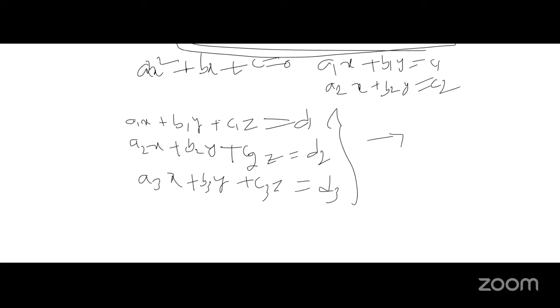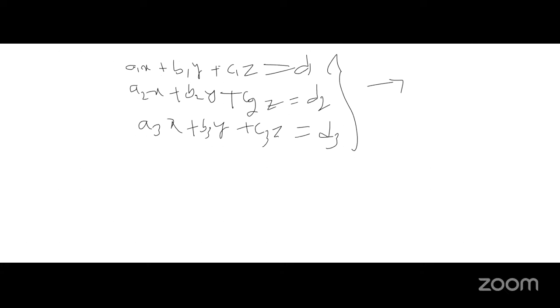So how can we convert this system of equations into matrix form? Here the coefficients will be there. The coefficients of x in the three equations are a1, a2, and a3. Similarly b1, b2, and b3.